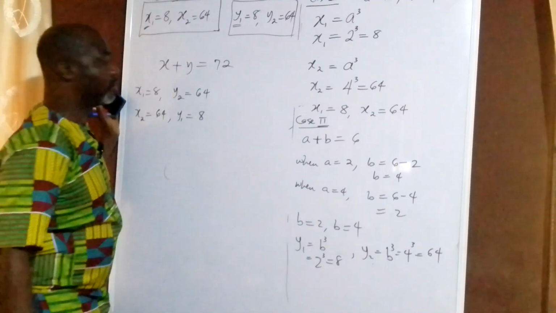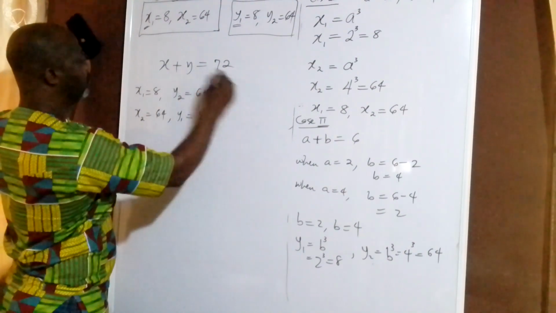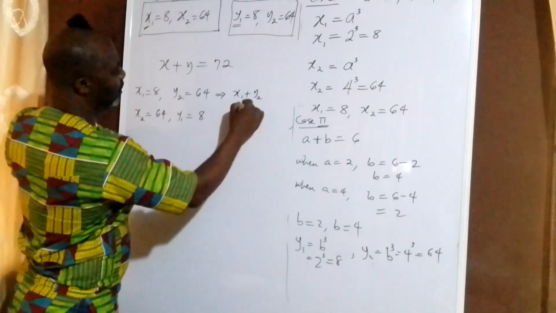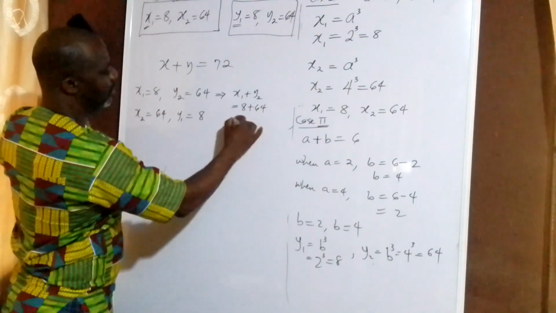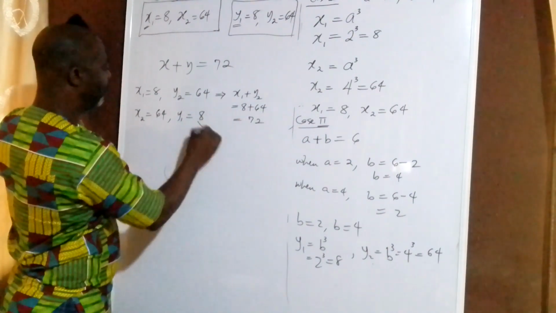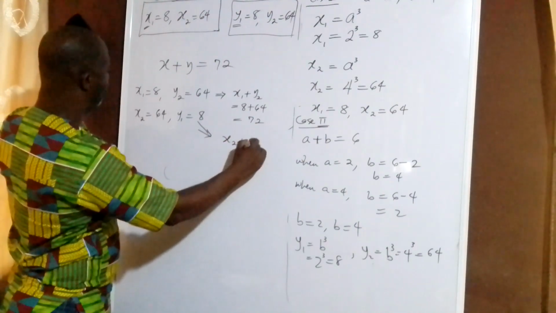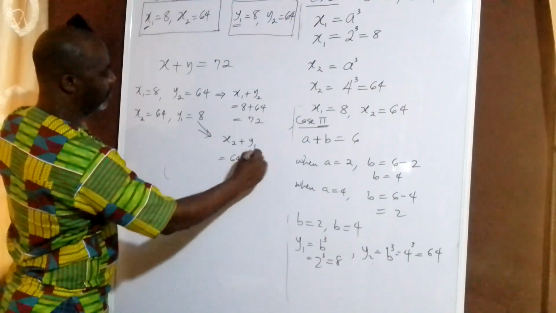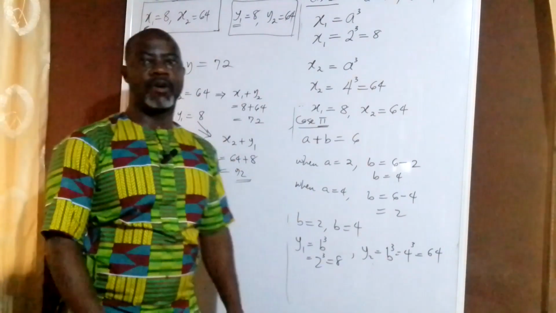So that is how we are going to check it. For the first one, we have x1 plus y2, that will give us 8 plus 64, that is 72. Then for this, we have x2 plus y1, that will give us 64 plus 8, which is 72. So that is how we solve the problem.